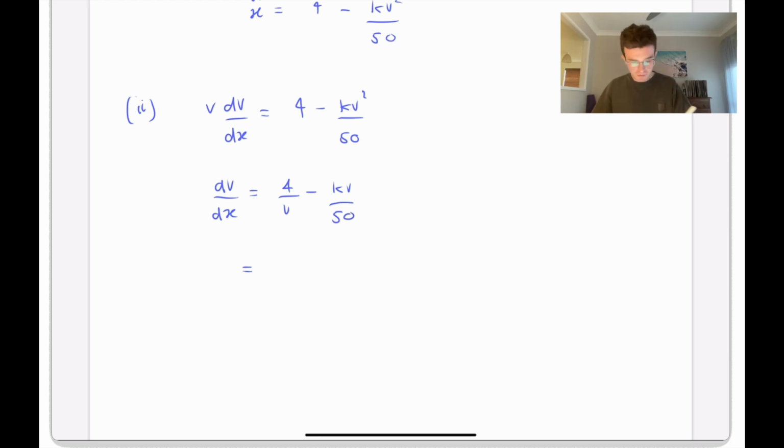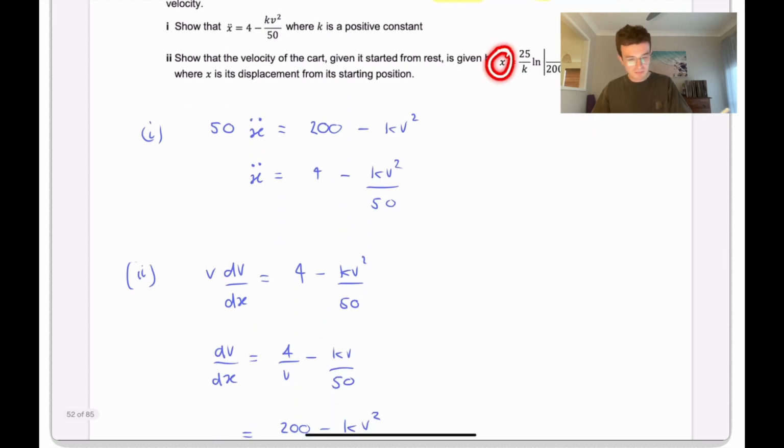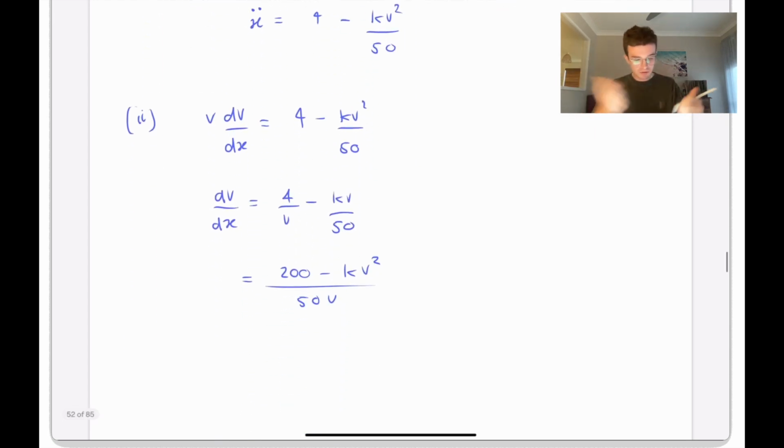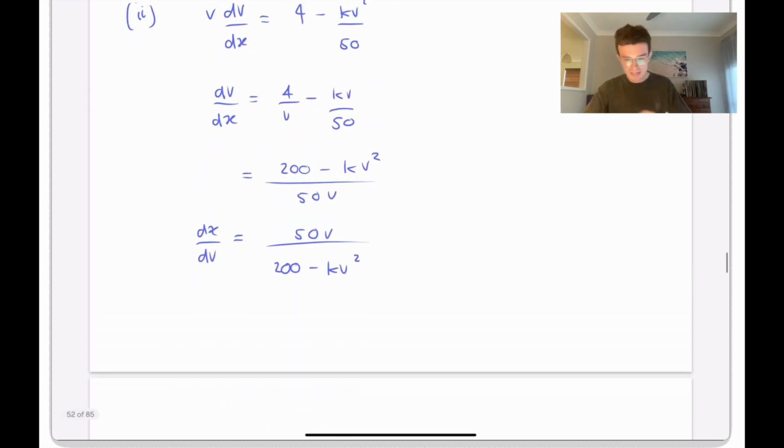So we're going to have 200 minus kv squared on 50v. And we want x to be the subject, so we're actually going to have to flip this upside down, and we're going to find dx/dv. That's going to be 50v on 200 minus kv squared. And we're going to have a go at integrating this.